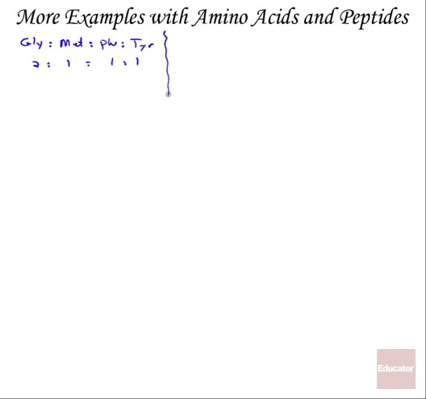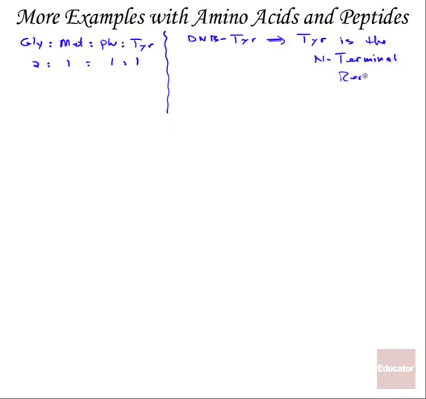Okay, so I've got this. Well, they said that the FDNB gave me DNB tyr. Okay, so this tells me that the tyrosine is the N-terminal residue. Tyrosine is the N-terminal.